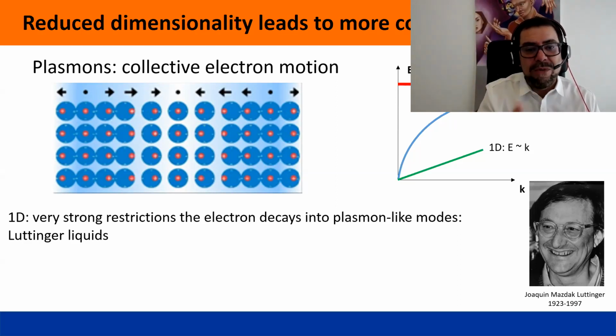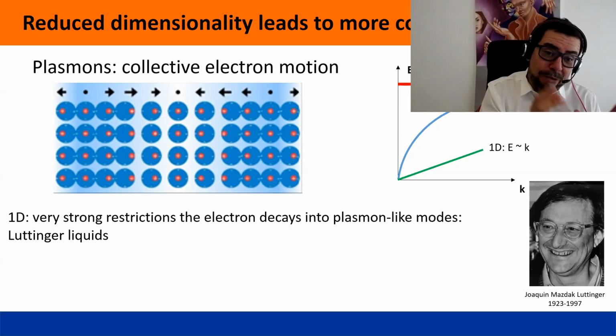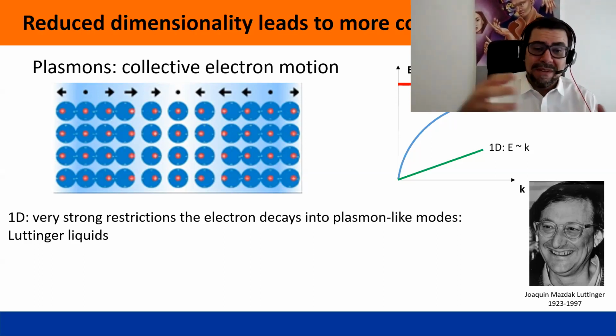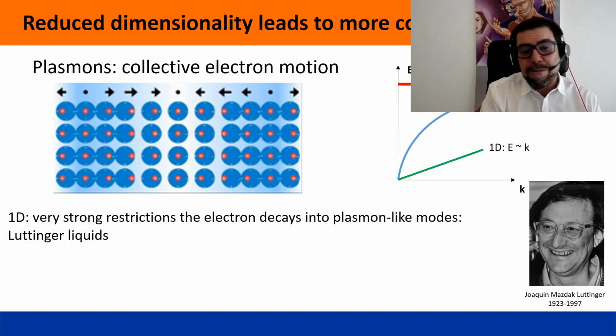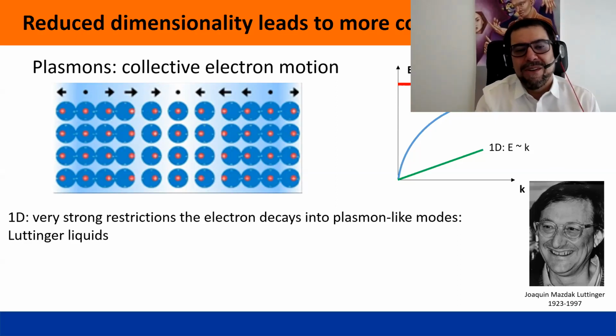These plasmon-like modes that exist in 1D systems, they are like bosons. So when you put an electron into a one-dimensional material, you are pretty much transforming a fermion into a boson. Okay, so this is called Luttinger liquid.